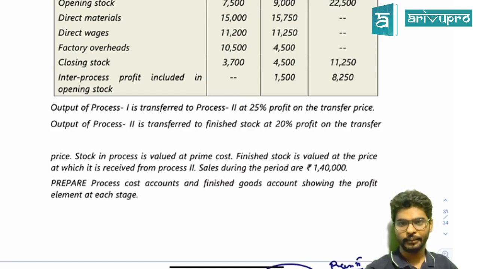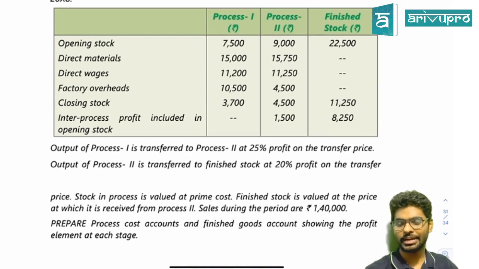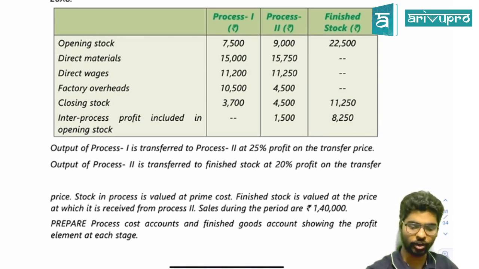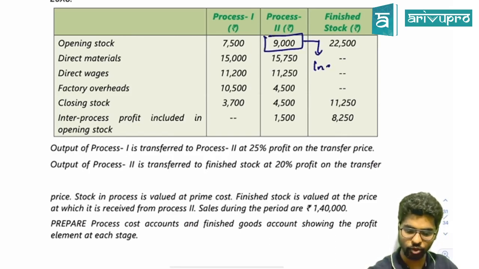Guys, are you clear? Okay, now let me come to process 2. And I want you guys to tell me, I have an opening stock of 9,000. Does this 9,000 opening stock include profit?